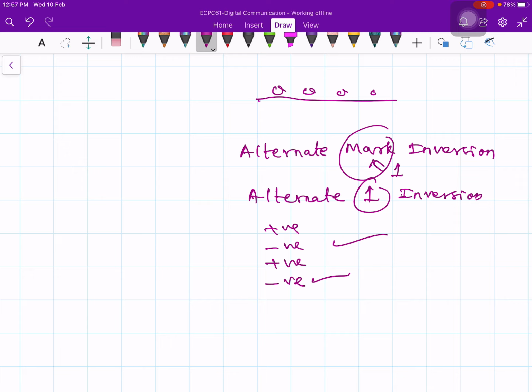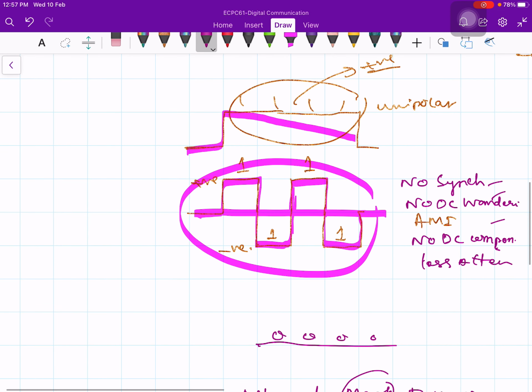You cannot go and ask the source to transmit alternate 1 and 0. So whatever comes, you should be in a position to transmit it. We are not worried about a long string of ones, but we are worried about a long duration of positive voltage and long duration of negative voltage. And now that is taken care of here. See, this is a long duration of positive voltage.